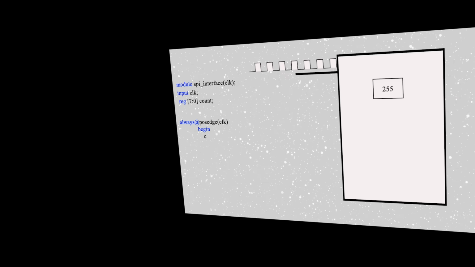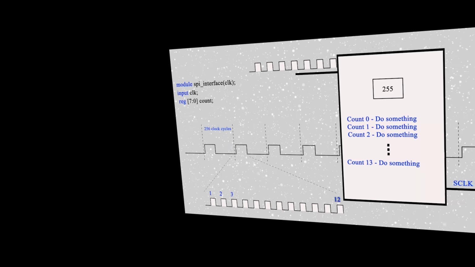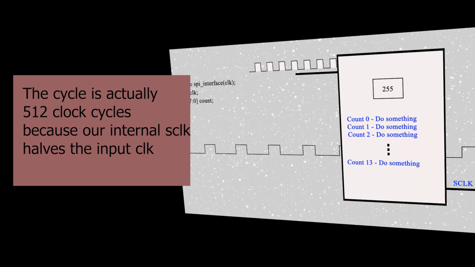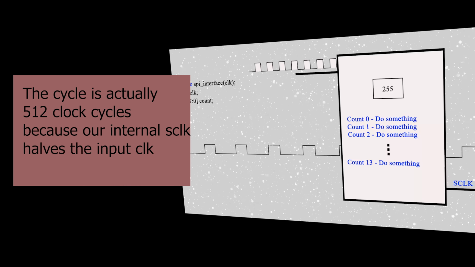For example, we need 12 rising edges of S clock, but we only want that to happen for part of the cycle. We only need 12 rising edges, and our cycle is actually much longer than 12 clock cycles. So that's one of the first things we can try to do, and we can achieve this by having a convert variable.